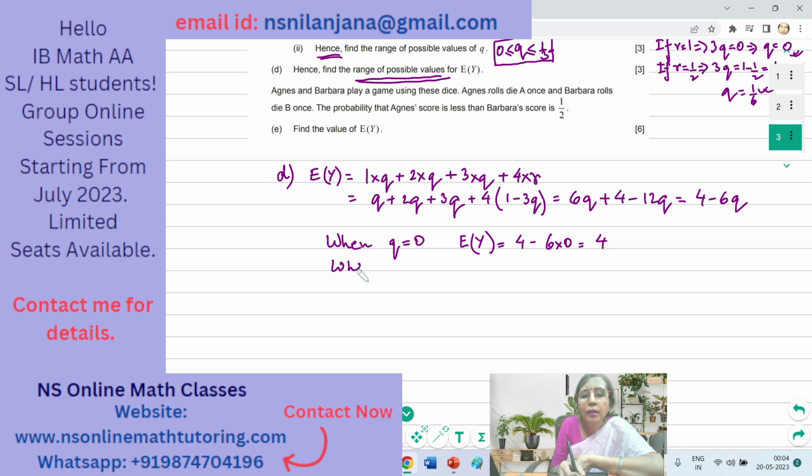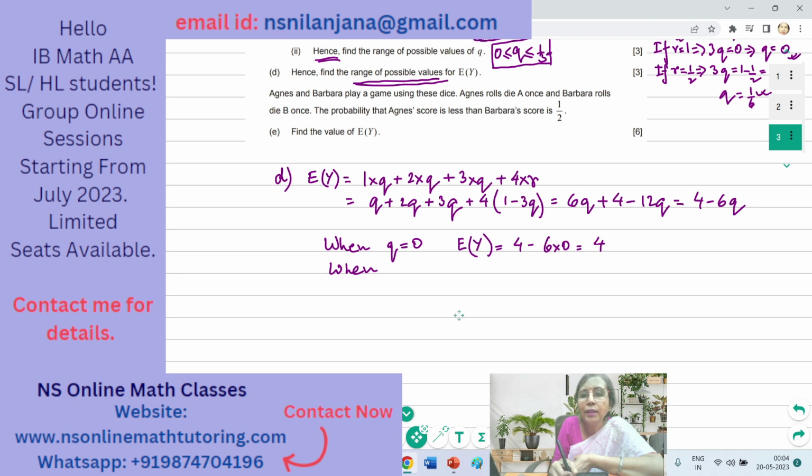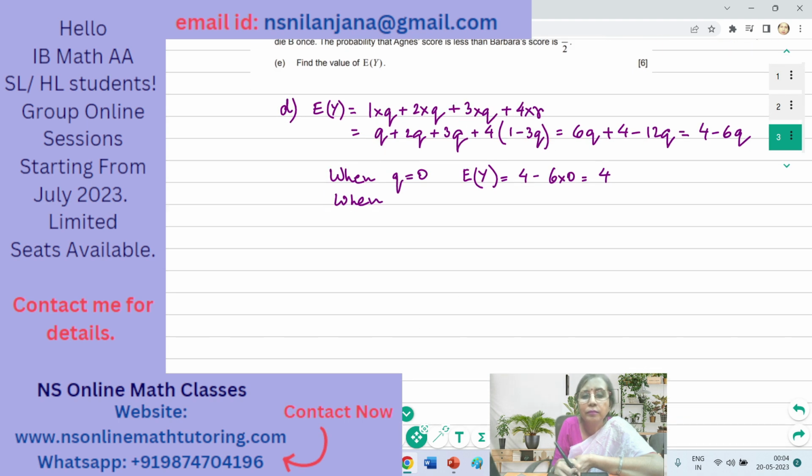And when Q equals 1/3, expected value of Y will be equal to 4 minus 6 times 1 over 3. 4 minus 2 is equal to 2.